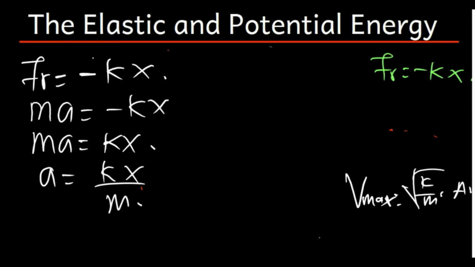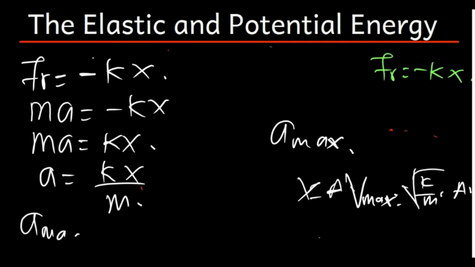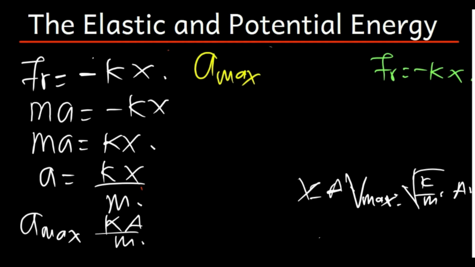So whenever we're talking about the maximum acceleration, we are talking about when you have stretched the spring and the spring has reached its maximum position. At maximum position, x is equal to A. So where there is x, I'm going to replace it with A. So the maximum acceleration is going to be k times A divided by m. Sometimes you are going to see this formula written as k over m times A, just like this.